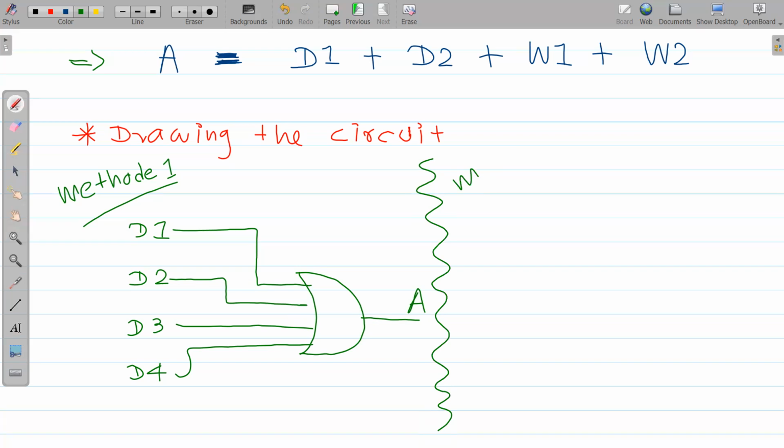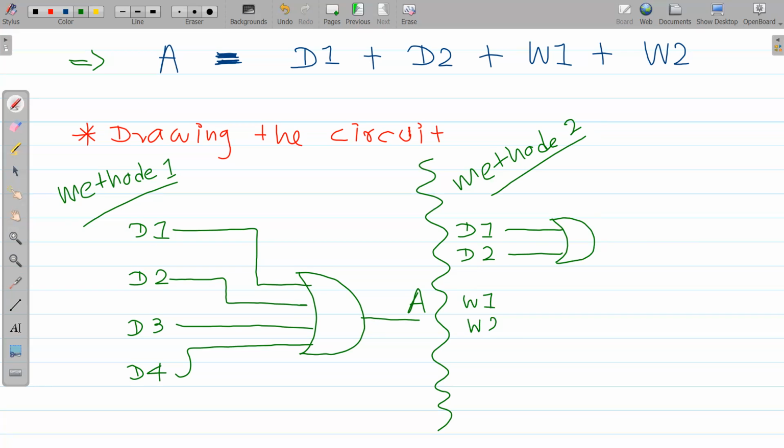So according to that method, if we are going to draw this, D1 and D2 go through an OR gate, and W1 and W2 go through another OR gate, and the outputs of these two flow through another OR gate, right?